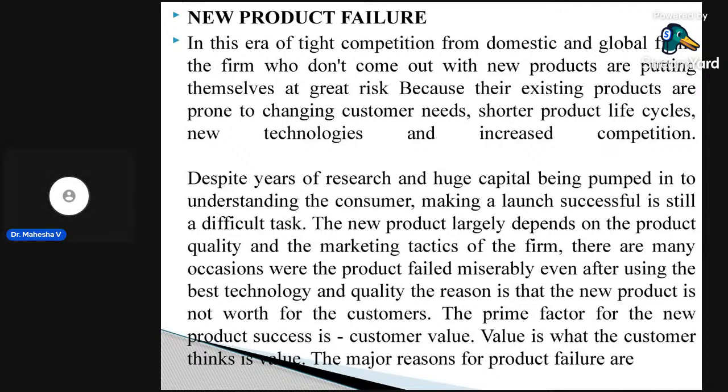Because of the invention of new technologies in the country, and increased competition, most customers leave the product and think of a new product in the market.